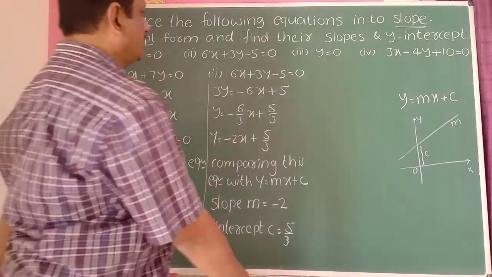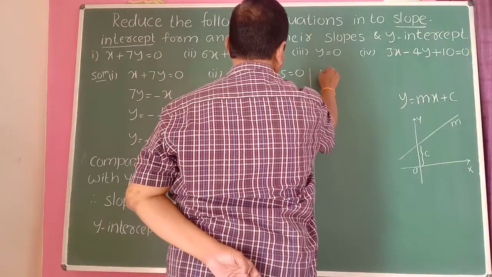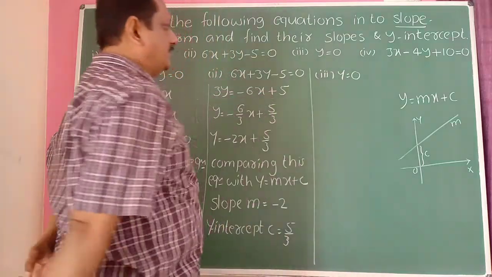Okay, so it is a y-intercept here. Then in the third example, y is equal to 0.